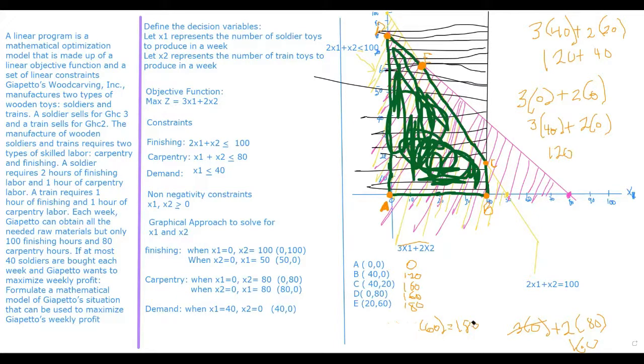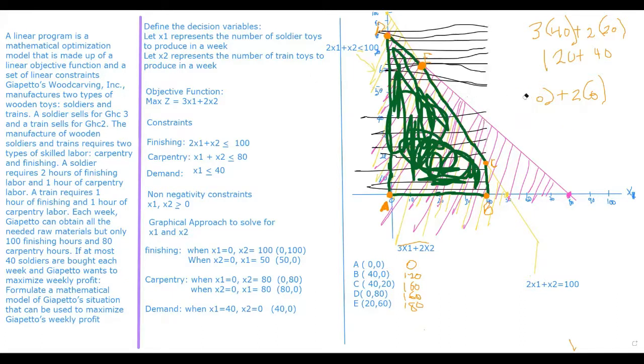The question was telling us to what? Find or formulate a mathematical model of the situation that can be used to maximize. So here the question is talking about maximize. Do you get it? And if it is maximize, then it means you are going to pick your highest value.